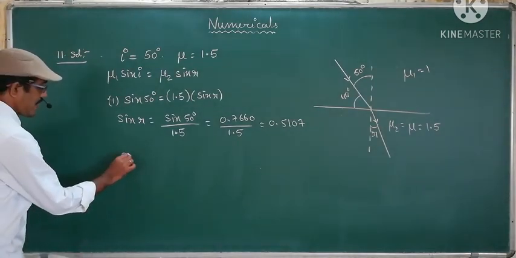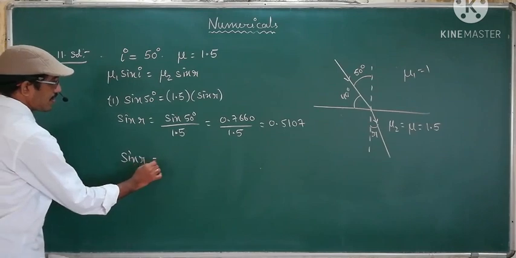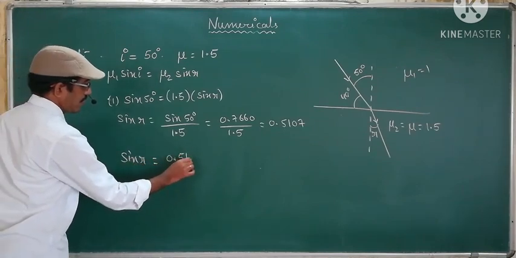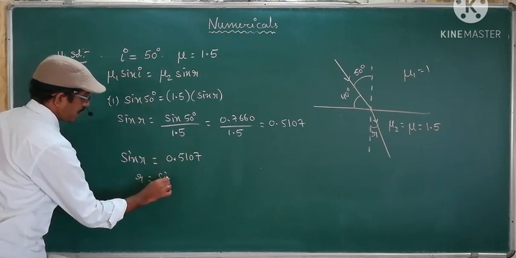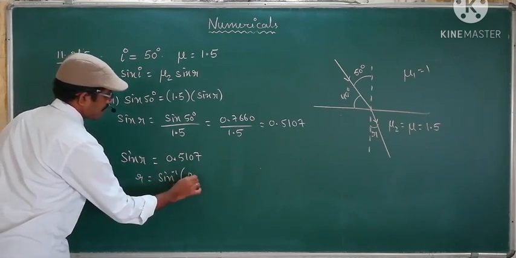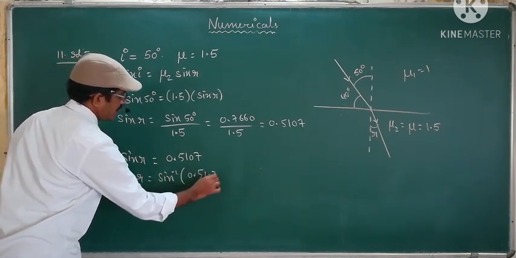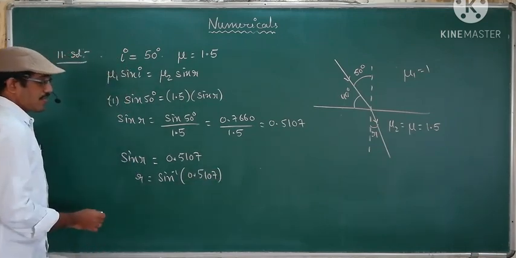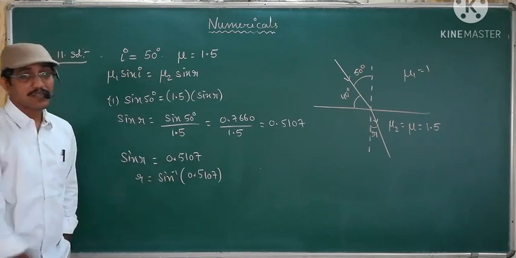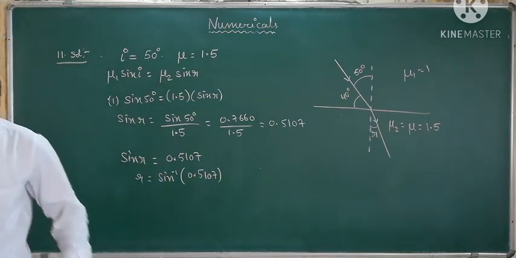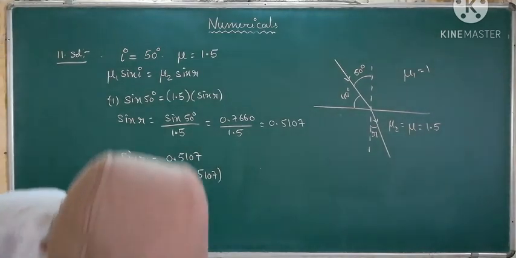sin R is equal to 0.5107. R is equal to sin inverse of 0.5107. So sin inverse of 0.5107 is approximately 30 degrees, so it will be more than 30 degrees.